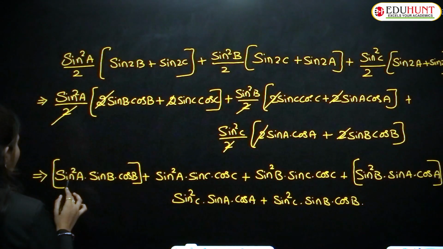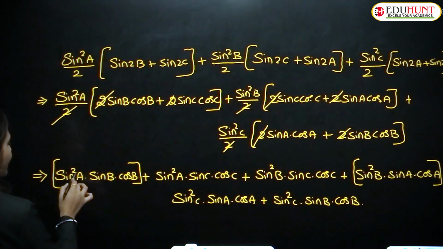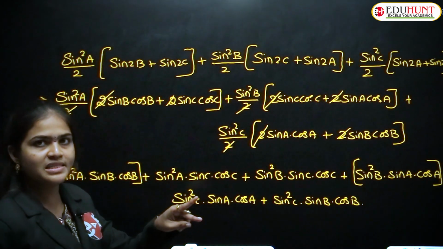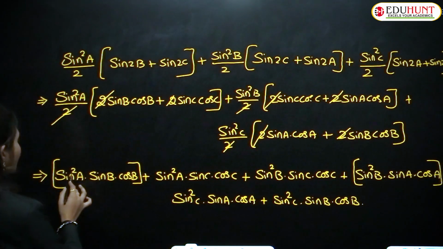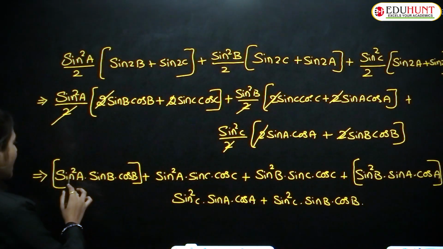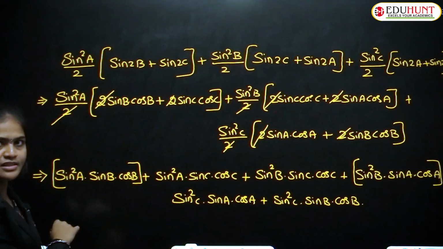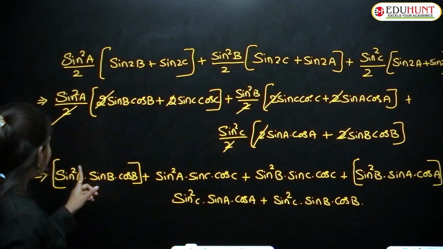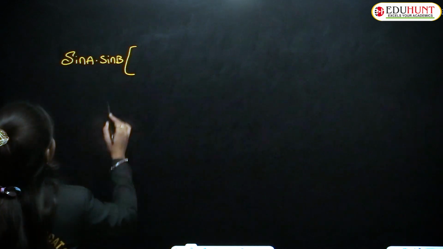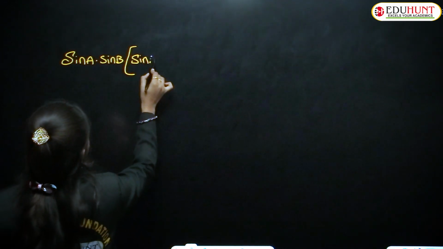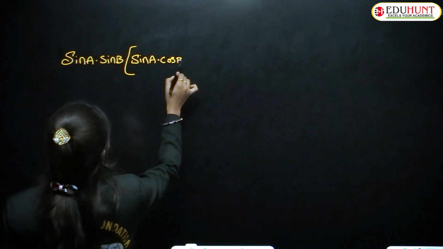From the first term, sin a sin b we taken as common. So sin a two times there, one time we taken as common, so the leftover one time is there. Sin a and sin b already we taken as common, so that is not there. So sin a cos b leftover terms.